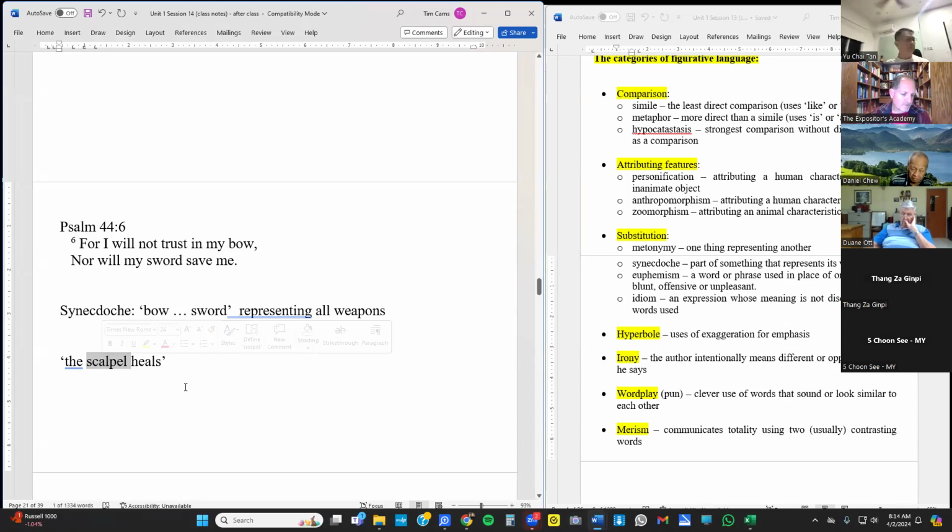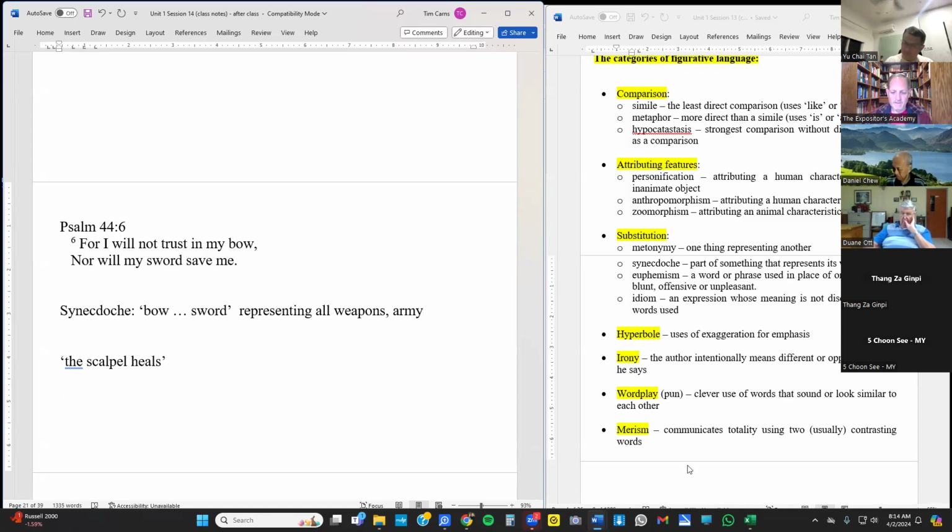So it's this idea of a part representing the whole. I think that's how David's using it here. But this was a little tougher. I probably shouldn't even use this as an example because it's not for certain, but I think he's talking about trusting in representing all weapons or his army. He's not going to trust in any weapon to save him.